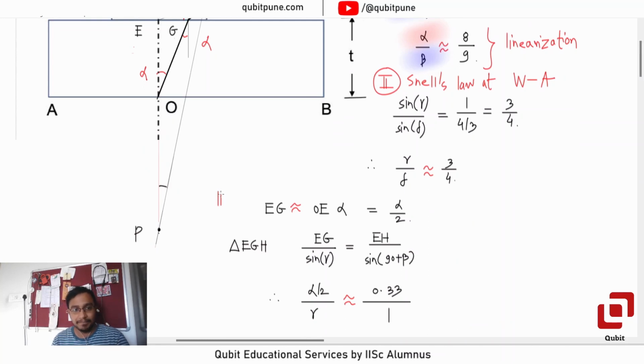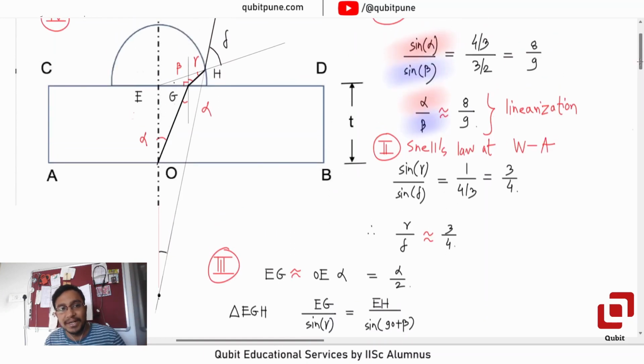Part 3. Now eventually at some point we have to bring in the distances, because we want to find how far P would appear when viewed from the top of the drop, for smaller angles. Now consider triangle OGE. This angle will also be alpha, alternate angles property, right?